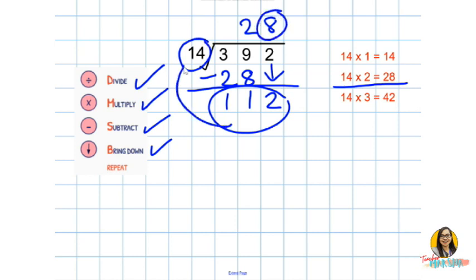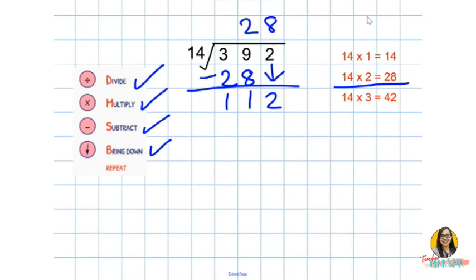Now we're done with the first step. Next, we're going to multiply. So let's multiply 14 by 8. And we solved this a while ago. 14 times 8 is 112.